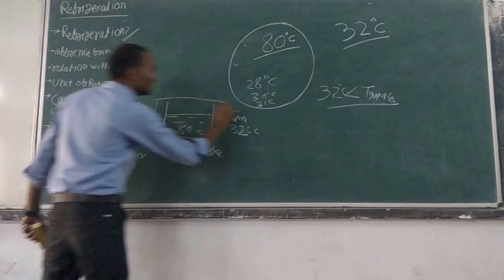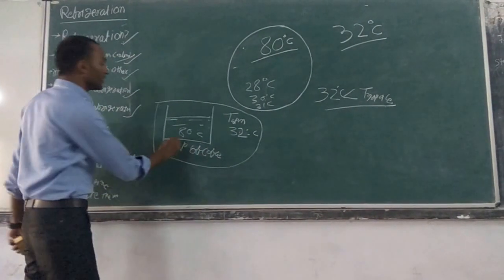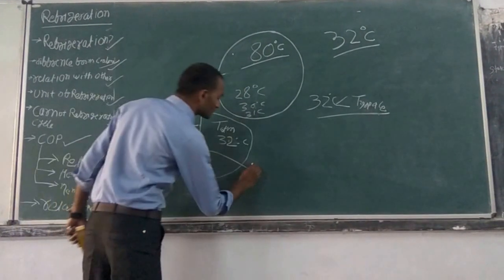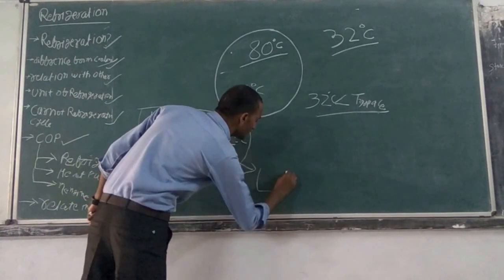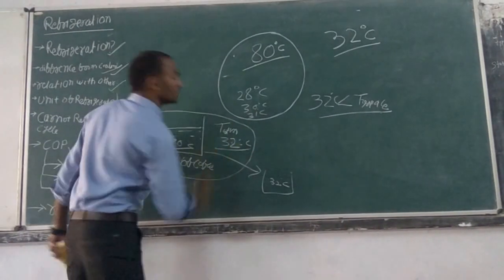Initially, when we put this cup of coffee in the atmosphere, its temperature was 80 degrees centigrade. But after some time, it will go to 32 degrees centigrade, that is equal to the atmospheric temperature.